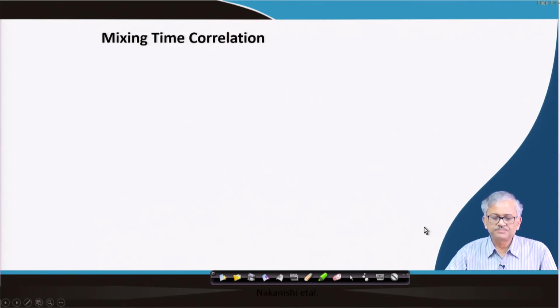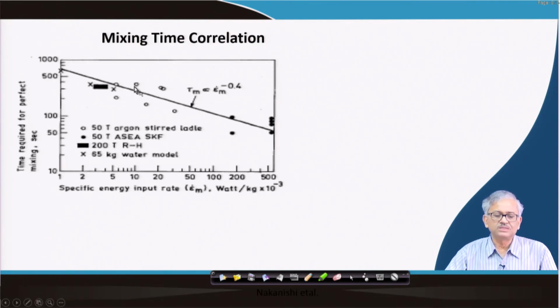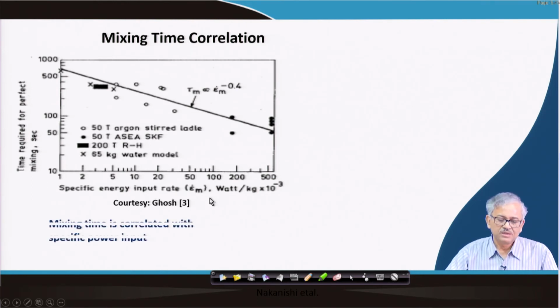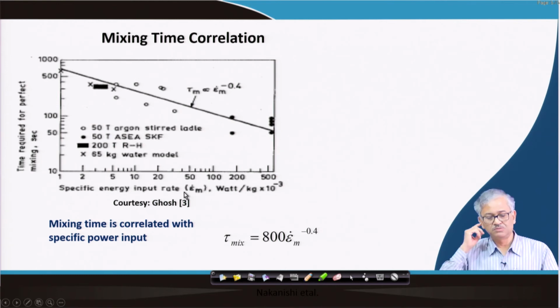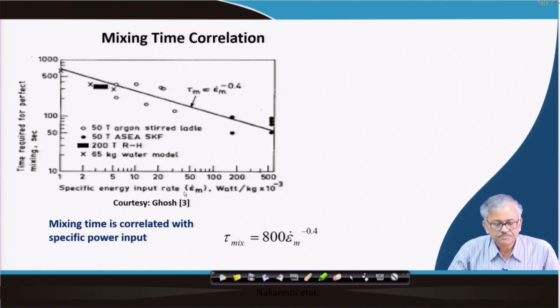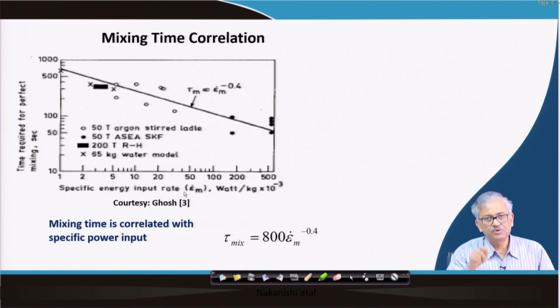Now, mixing time correlations. This is a correlation of mixing time, T mix, with the specific energy input rate into the bath, or specific power input, epsilon dot, in watts per kg.